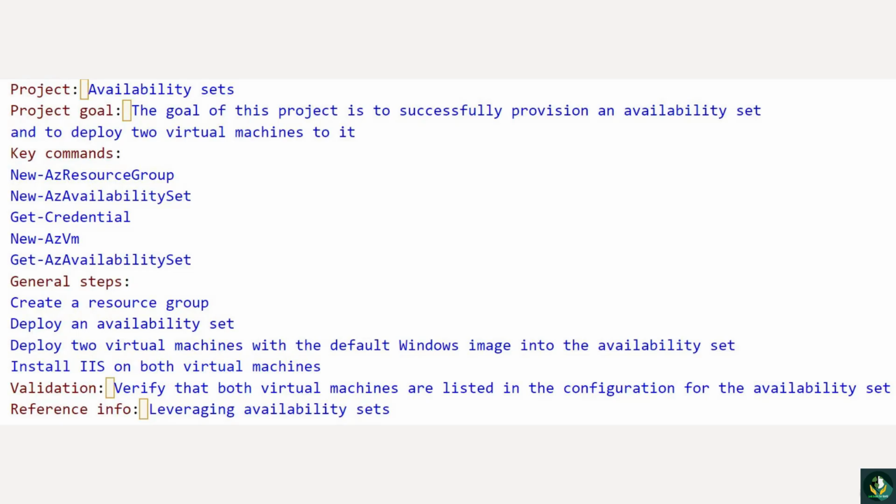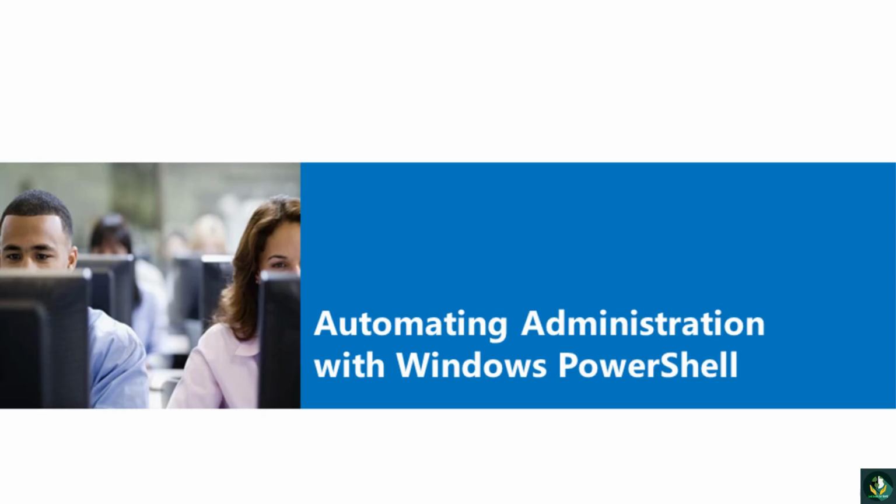The exercise steps are as follows. First, create a resource group, then deploy an availability set. Third, deploy 2 virtual machines with the default Windows image into the availability set, and then install IIS on both virtual machines. Verify that both virtual machines are listed in the configuration for the availability set.